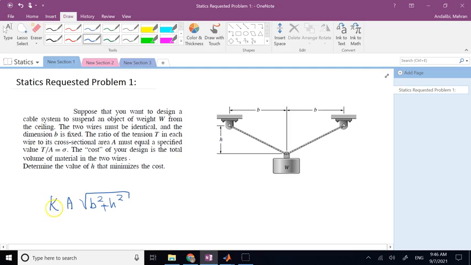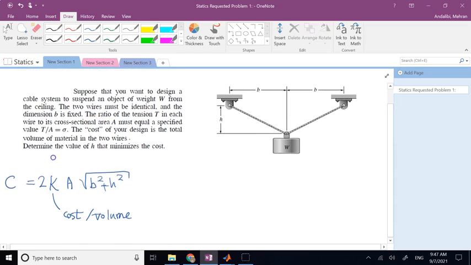And if you multiply that by a 2, of course, because there are two cables, this is going to be the total cost C. Okay, so 2 because I have two wires, and K is the cost per volume, right? So I can write it down for you. Here, it has not mentioned that, but you can consider it to be a constant.